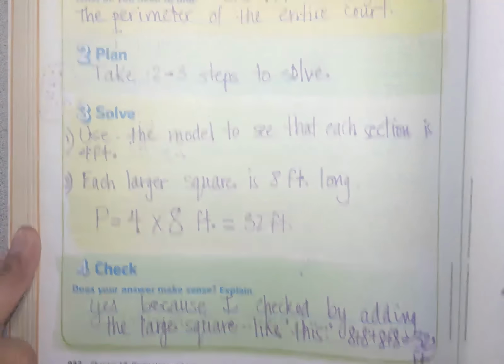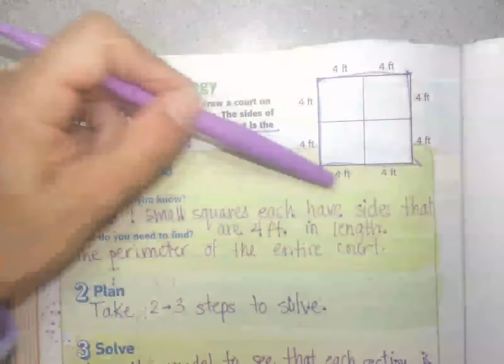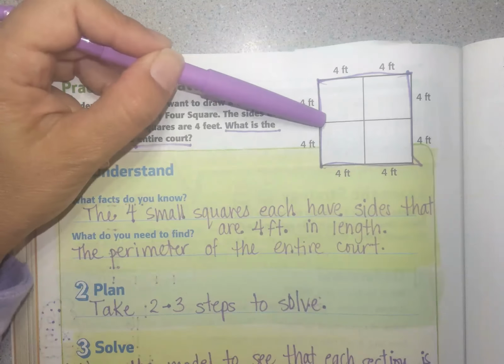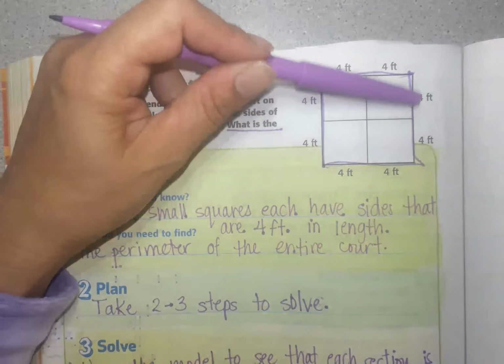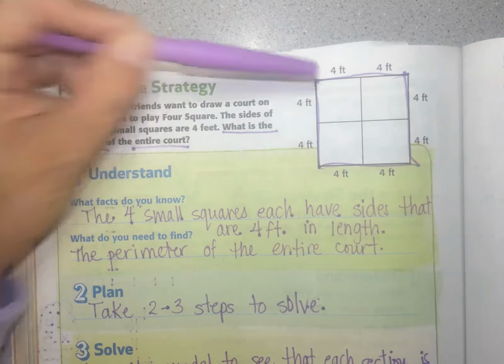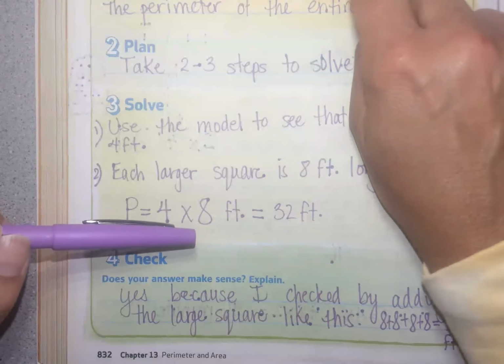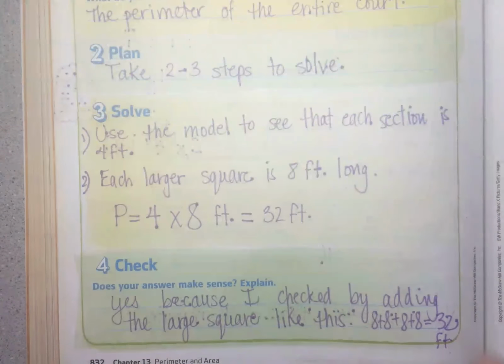And that's how we do these. So you get this long problem here. You've got parts. The length is 4 feet, and then the length is 4 feet. Then you add 4 feet plus 4 feet, 4 feet plus 4 feet, 4 feet plus 4 feet, and you multiply 8 times 4. And that's how we got 32.